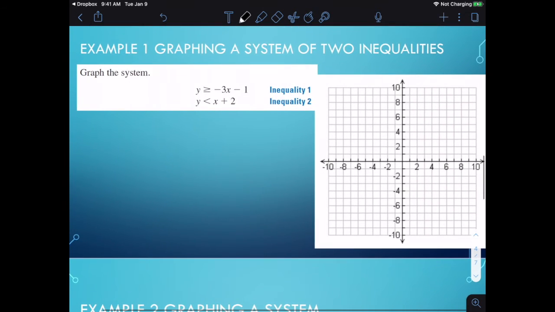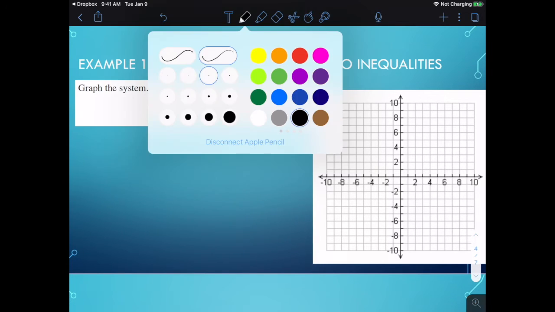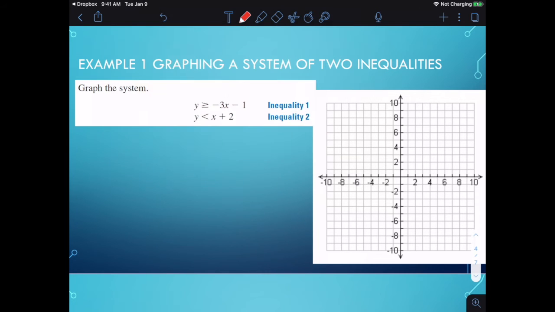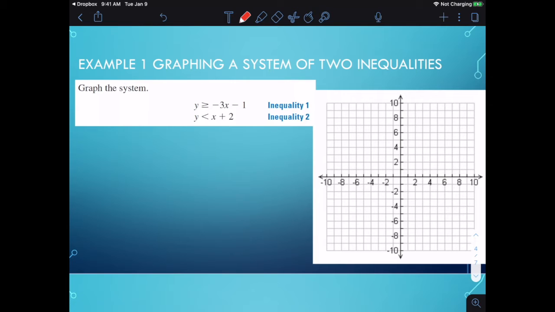So let's go to example 1 now and graph a system of two inequalities. So here we have two lines, and they're already written for us in slope-intercept form, so this should be pretty easy to follow. Let's go ahead and graph the first one in red, and we're going to put a dot where we know that the y-intercept is. That looks like it's going to be at -1.